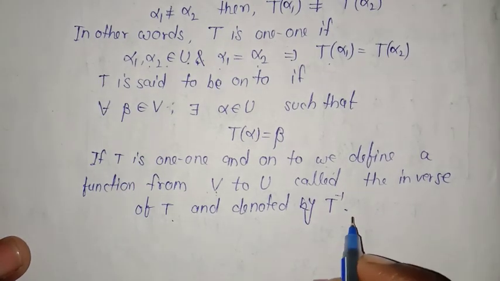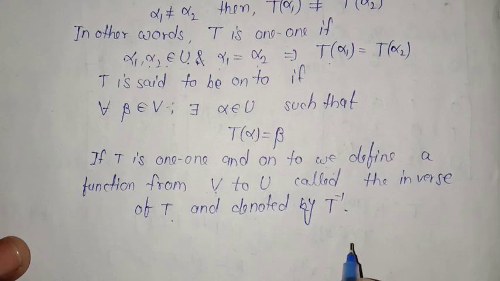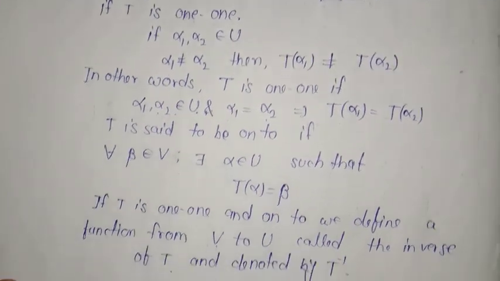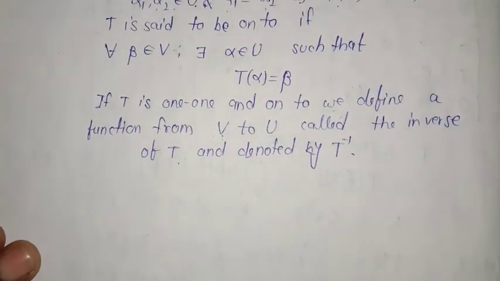And remember, this T inverse will also be 1-1 and onto, because the transformation that we have taken was 1-1 and onto, so the inverse obtained will always be 1-1 and onto.